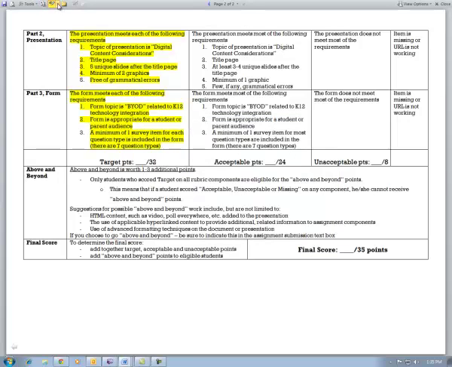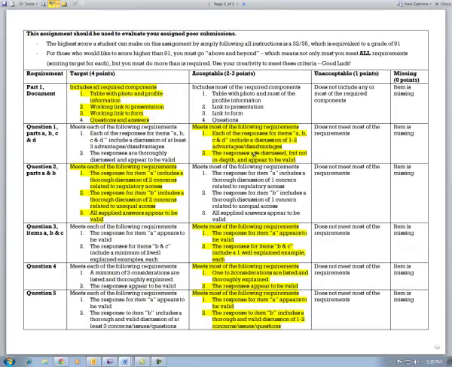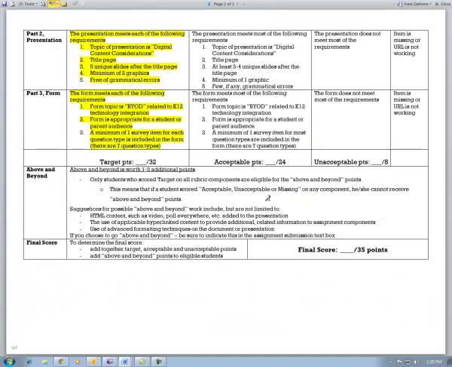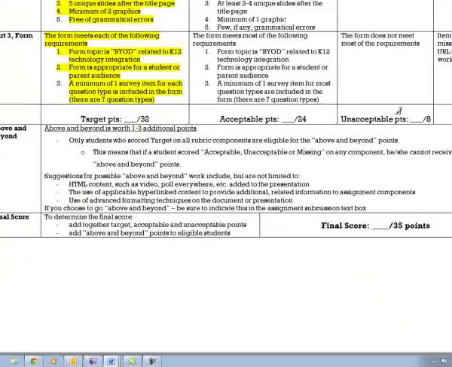It won't let me type for some reason, but the students earned 16 out of 32, so you would write that here. And then you would go and count the number of points for acceptable. And you would have to make the determination if they earned 2 or 3 points. You would add that up, put that here, and then add up the unacceptable points.